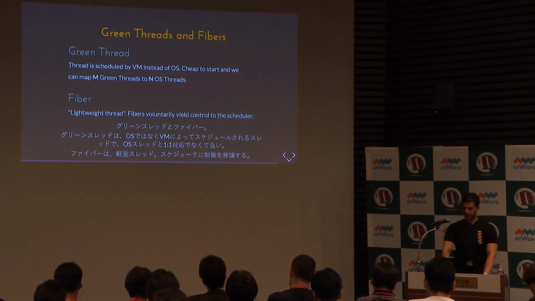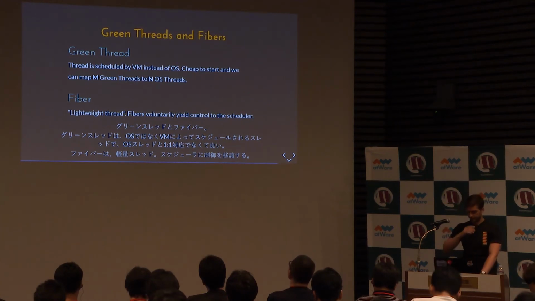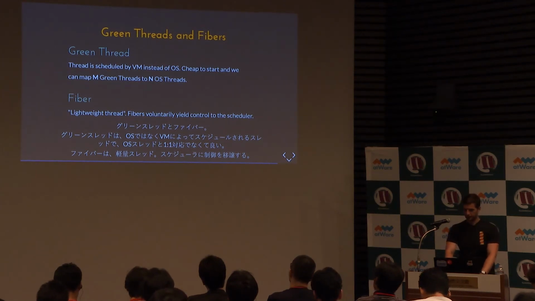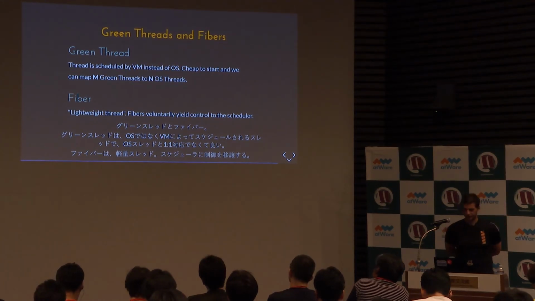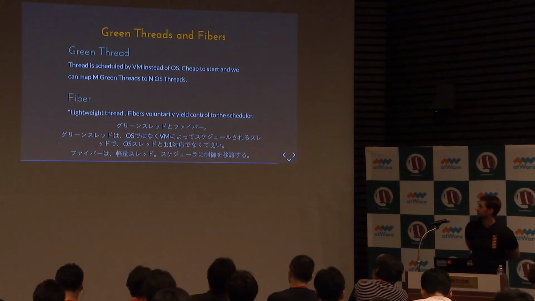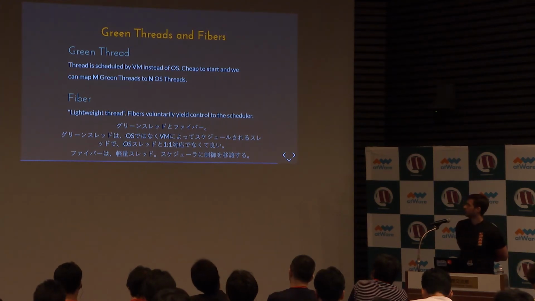So one last thing that I'd like to talk about. So you might have heard about green threads or fibers, and how does it relate? So very quickly, usually I see that green threads are characterized by the fact that they are scheduled by virtual machine instead of operating system, and they can be cheap to start.